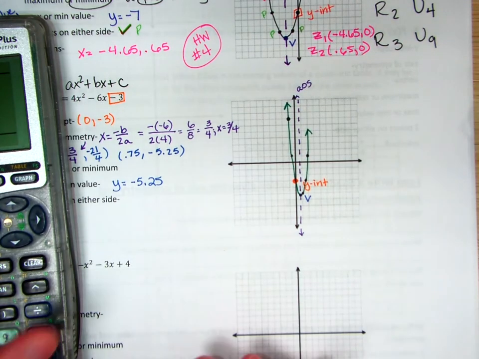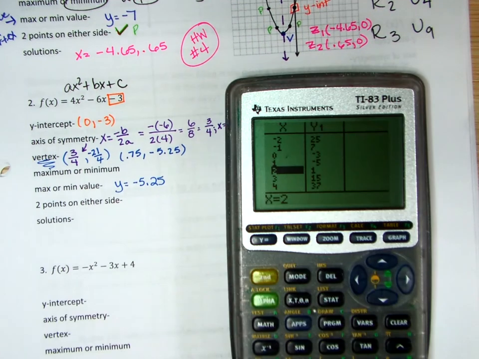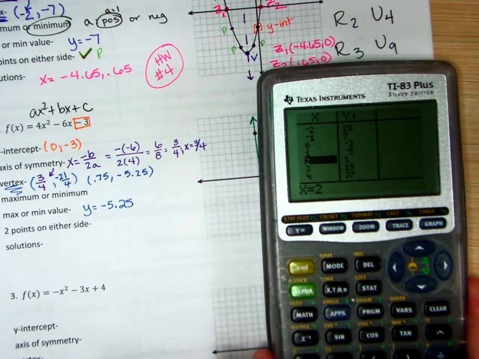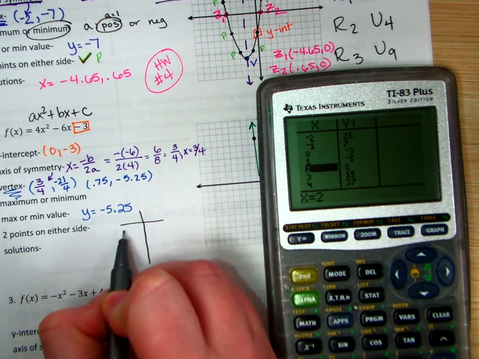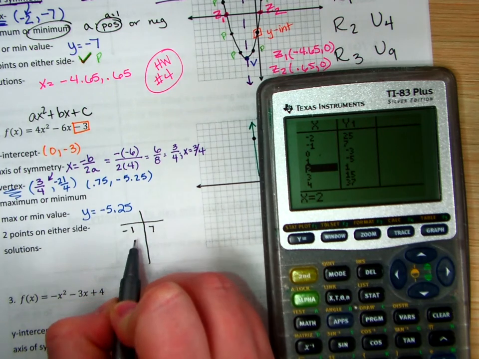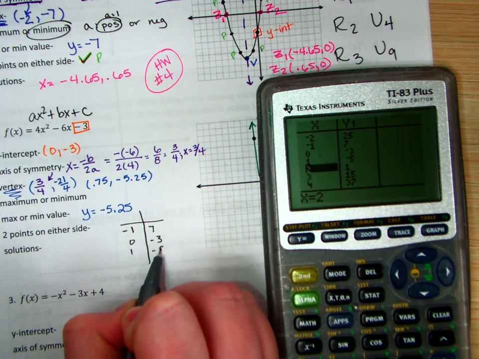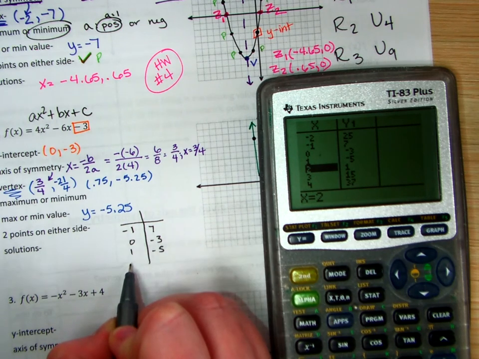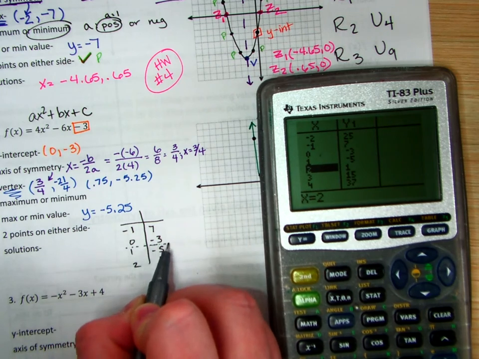Okay. So I did my points on the other two sides. So once again, to get to my table, I did second graph. And I'm just going to write down the other points that I did as a table. So at least some of the points: (-1, 7), (0, -3), (1, -5), (2, 1), and then my vertex was in here.